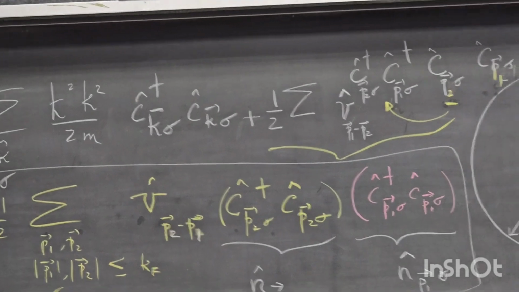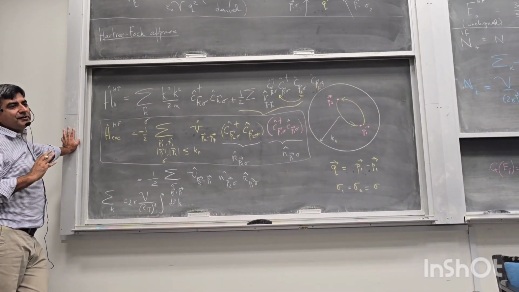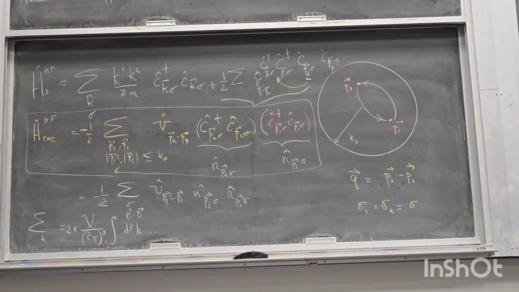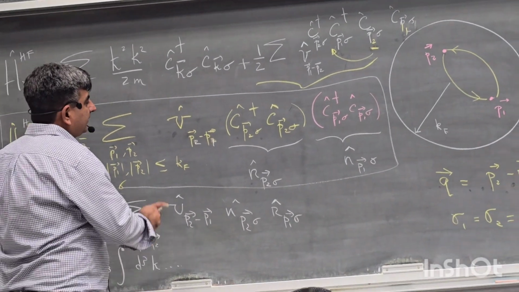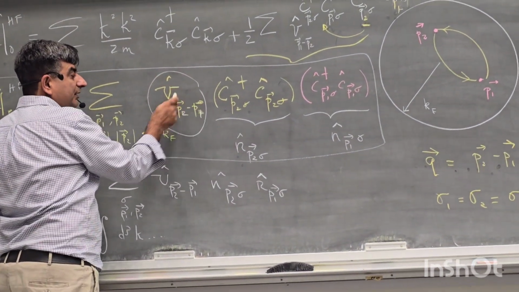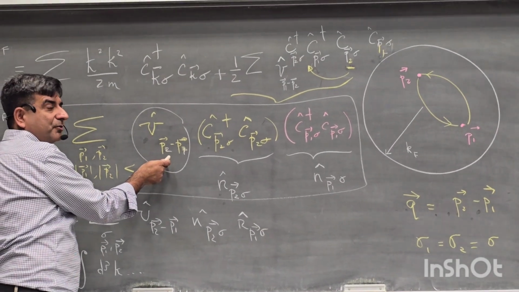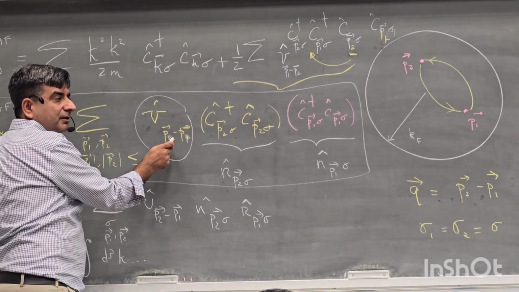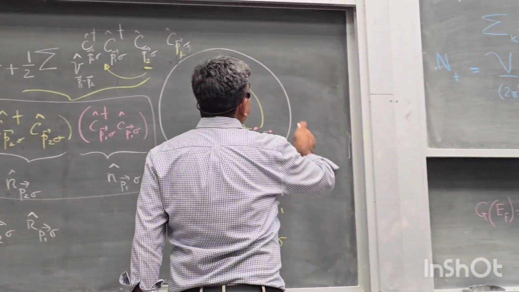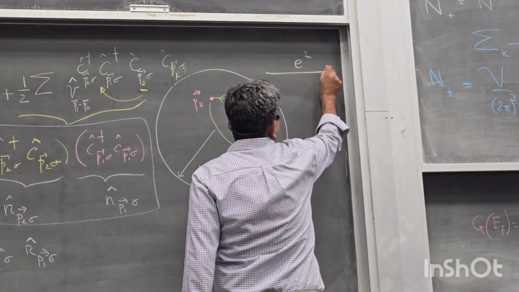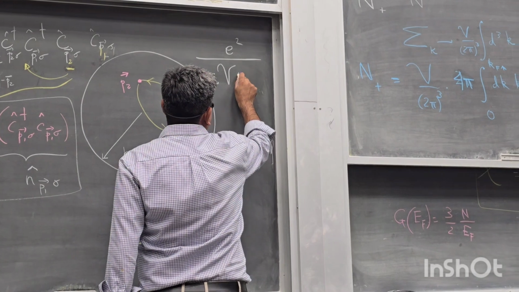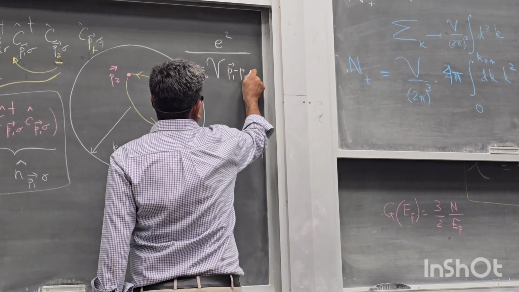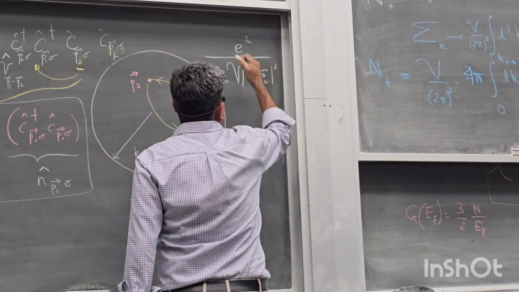Now, the Stoner model has one or two approximations. It's a further approximation to the Hartree-Fock model. The first approximation is that this term here depends upon Q, it depends upon P2 minus P1. This term here is really e squared over epsilon naught V, times P1 minus P2 modulus squared.